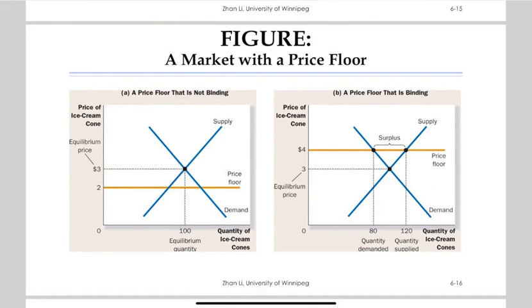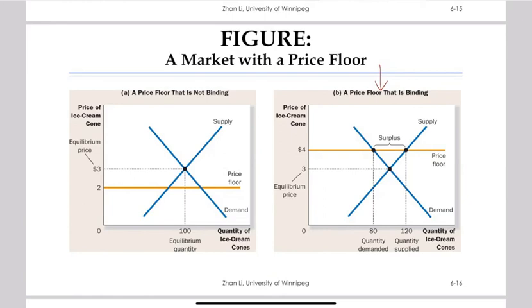Now let's look at the right-hand side picture. So we're looking at a price floor which is binding. Why is it binding? Because now the price floor increases to $4, and a price floor is the minimum price the product can be sold.